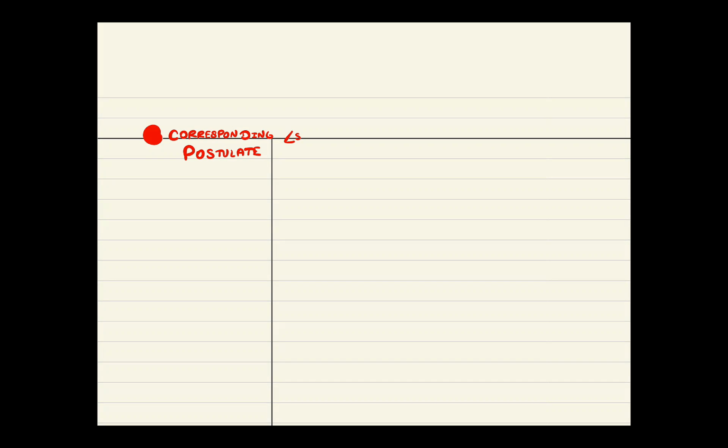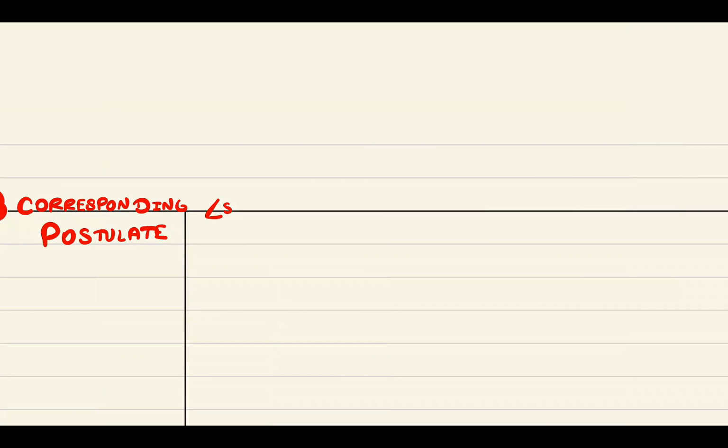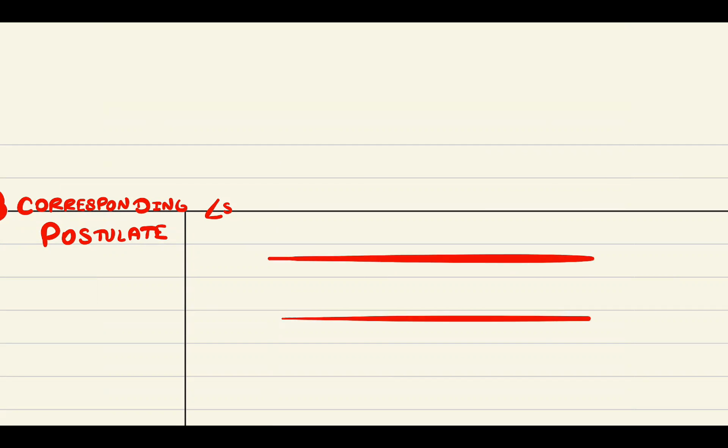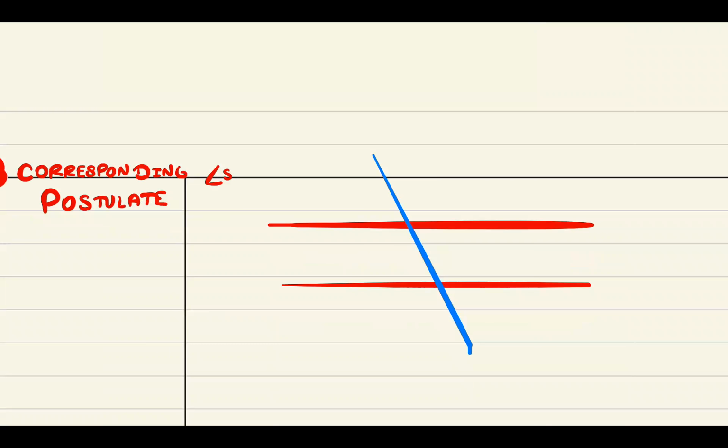So corresponding angles postulate: 2 lines that are parallel being cut by a transversal, right? Angles that are on the same side of the transversal and on the same part of their parallel line are what?